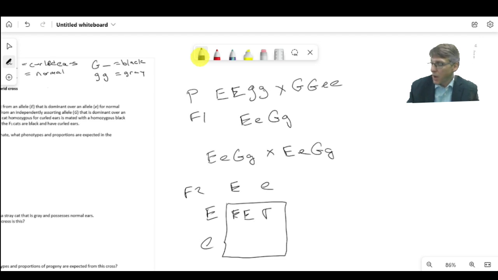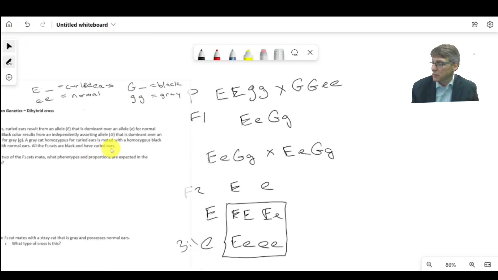And these are just monohybrid crosses of a heterozygote. So what we have is a 3-to-1 phenotypic ratio. And remember that our big E means that those cats have curled ears.